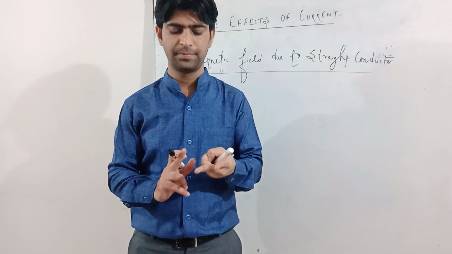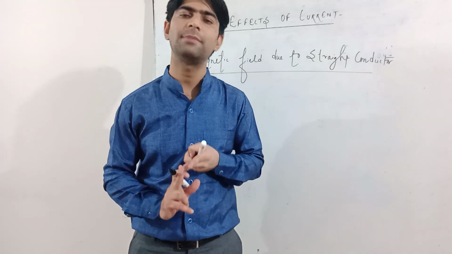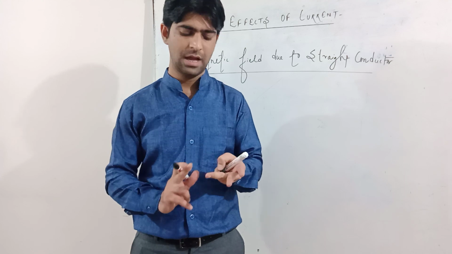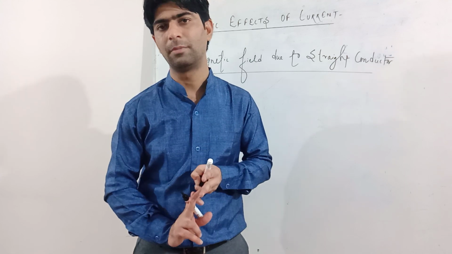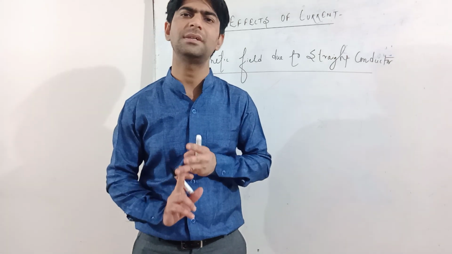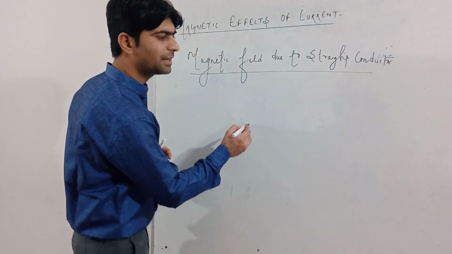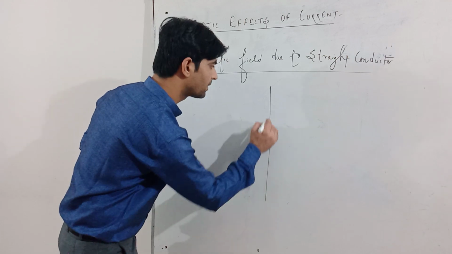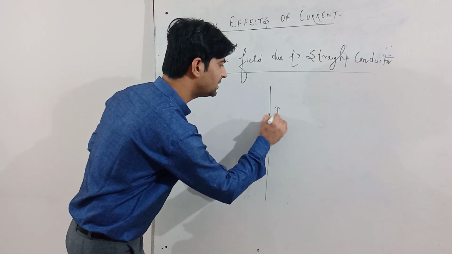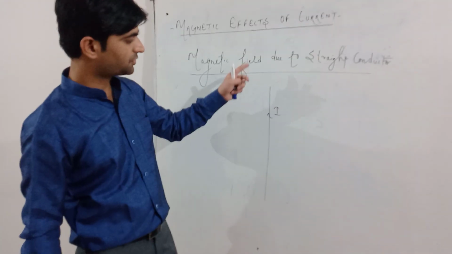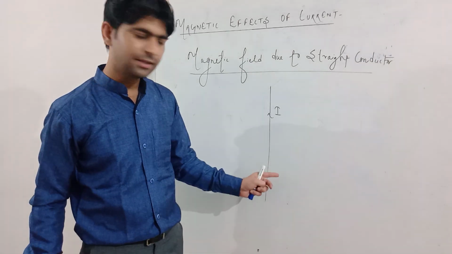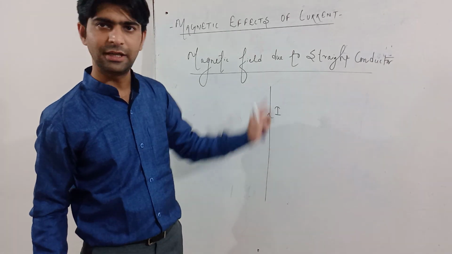Second, the rule to determine the direction of the magnetic field, and third, the mathematical formula and graphical analysis, if any. So first, I draw the straight conductor, and this will be the direction of electric current. This is a straight conductor, and I have taken the direction of electric current to be vertically upward.